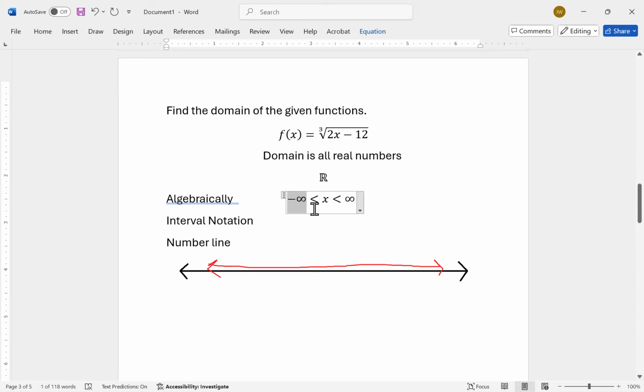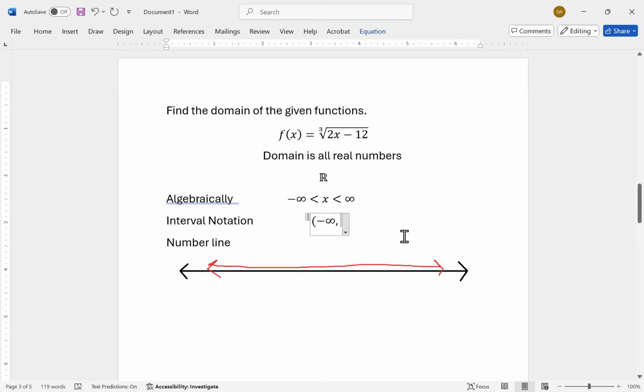That's why we didn't have the equal to sign there. So because it's not a real number that we can touch, when I write negative infinity in interval notation, I'll use parentheses right next to it.